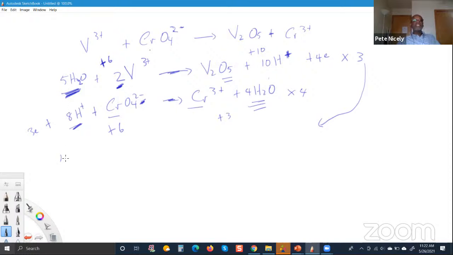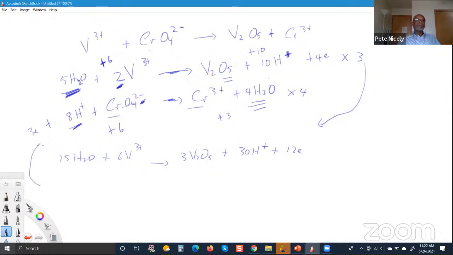So that's 15 water molecules plus 6 V3+ to give 3 V2O5 plus 30 H+ plus 12 electrons. All right.